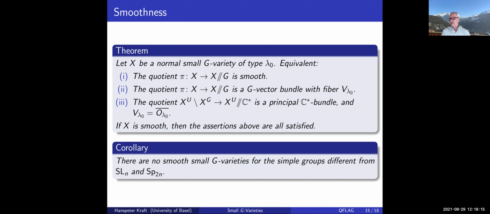For all other simple groups, it's not the case. For SLn, it's the standard representation or its dual, and for SP2n, it's the standard representation. If you think about the orthogonal group, then you always have an invariant, so there cannot be a dense minimal orbit. And you can argue for all other simple groups in the same way.